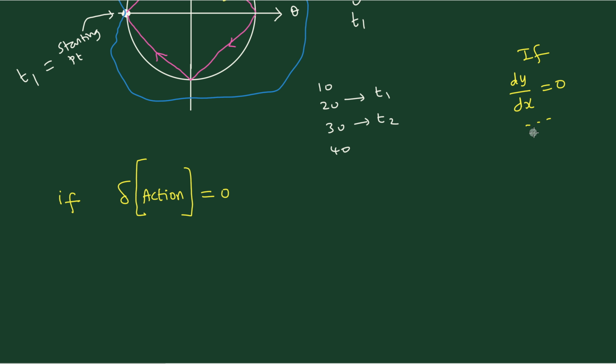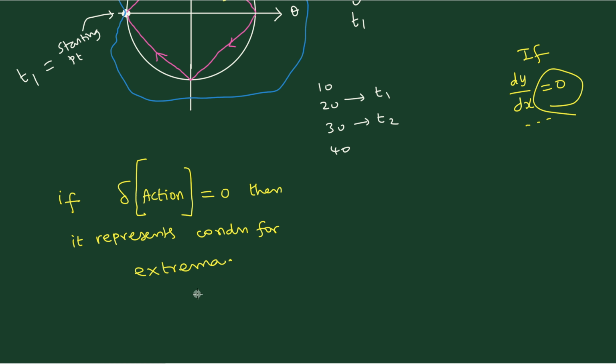Same thing that we are writing: if delta is the variation on the action, that means the delta of that is equal to 0. Then we say that it is a condition for extrema.